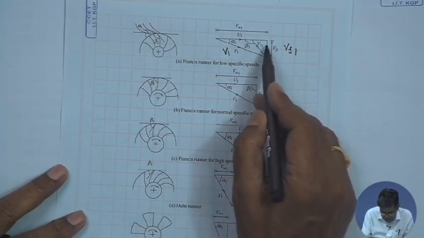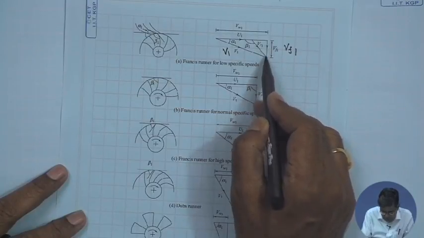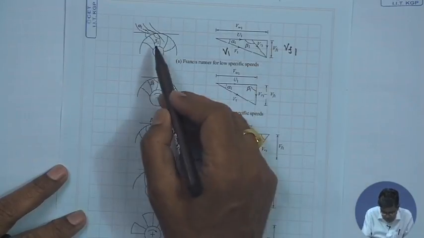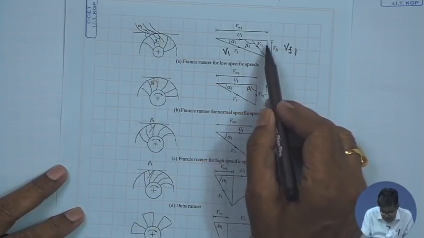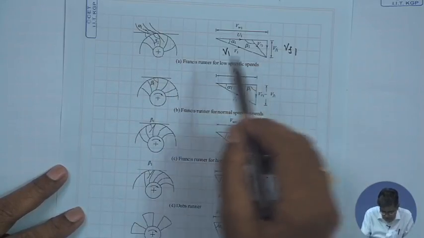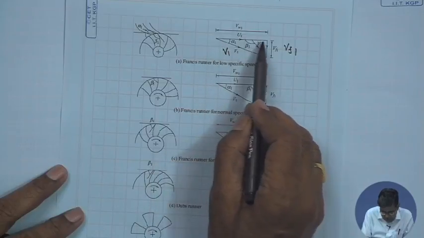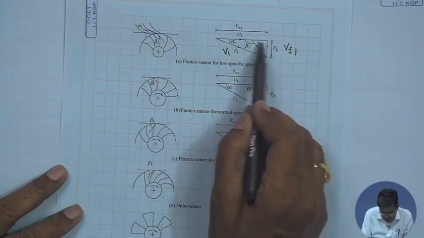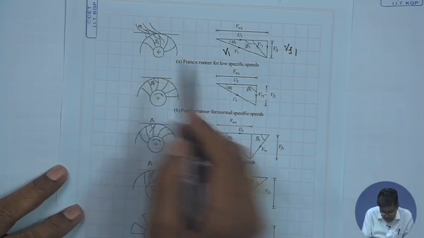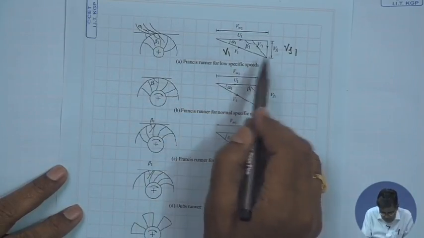In that case, the flow velocity Vf1, the velocity normal to the tangential direction, is relatively small. So, a large part is in the tangential component. However, this is basically a radial and tangential flow at the inlet, and the inlet velocity is very high.